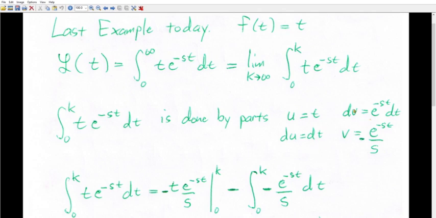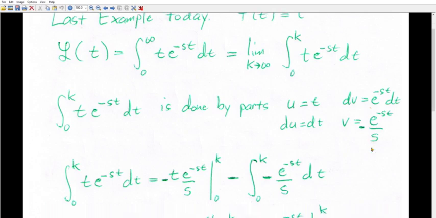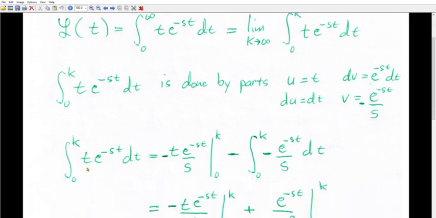You integrate dv to get v, and we've done this already today. And what you get is e to the minus st over minus s. Now, if you remember what the formula says, this integral is equal to uv, which is this, between 0 and k, minus the integral of v du.